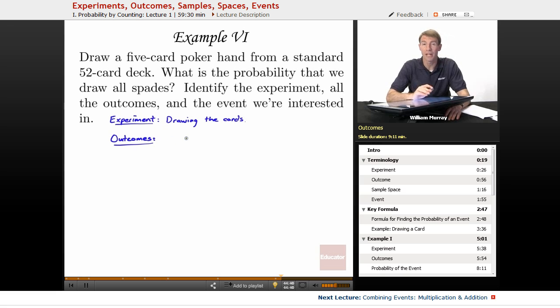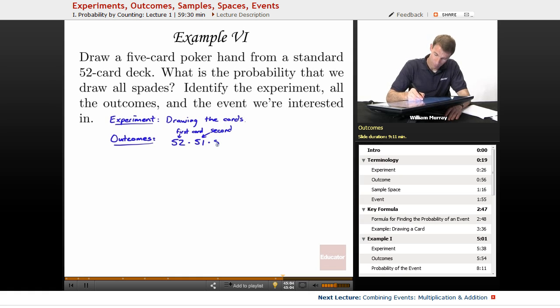Think about it. We're drawing from a 52-card deck. There are 52 ways we could draw the first card. After we've drawn that first card, there are 51 cards left in the deck. So there are 51 choices we could make for the second card.